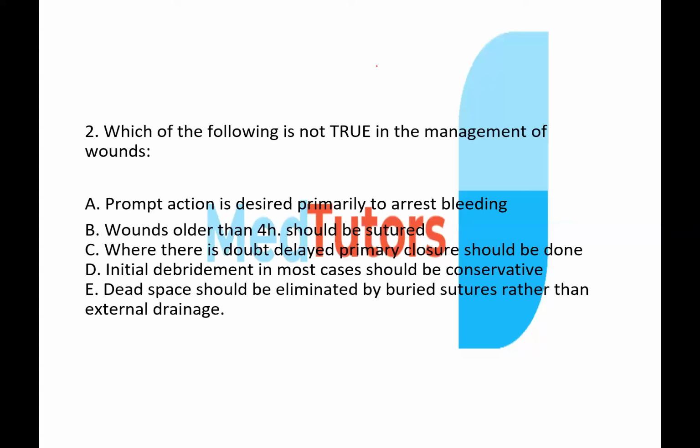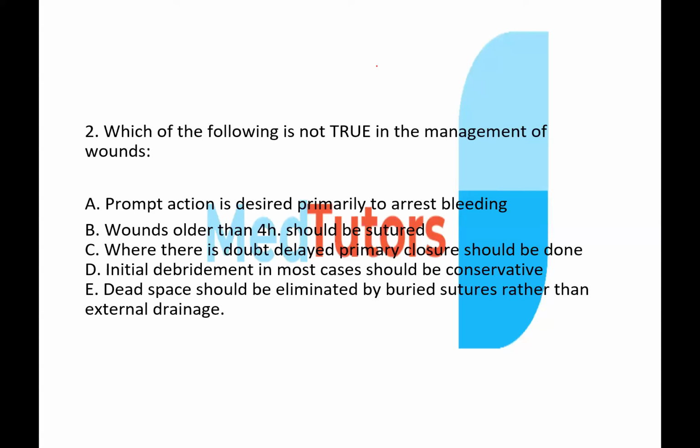When it has exceeded the golden hours, you do what is called a delayed primary closure. Because that wound is contaminated, if you close primarily, it becomes infected. The golden hours is 4 hours. Any wound presenting beyond the golden hours is regarded as a contaminated wound.